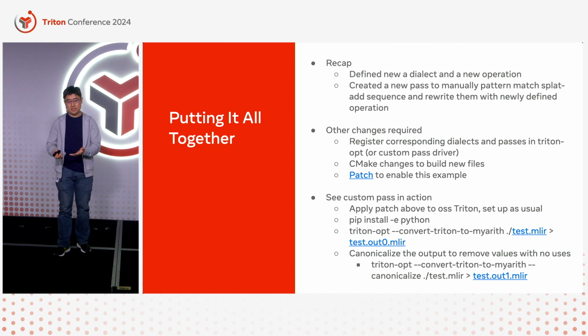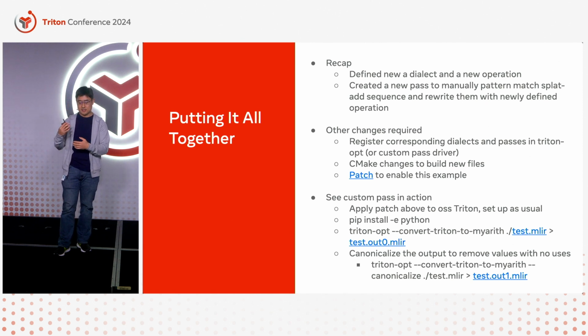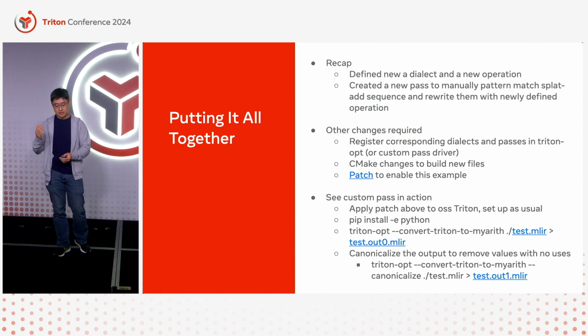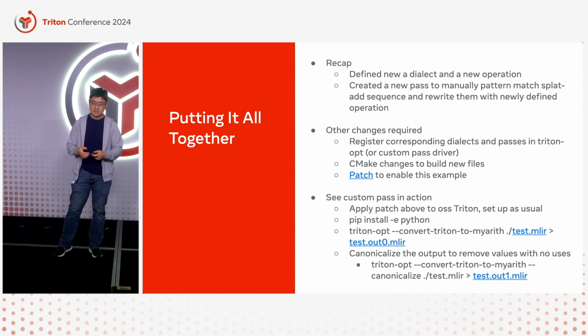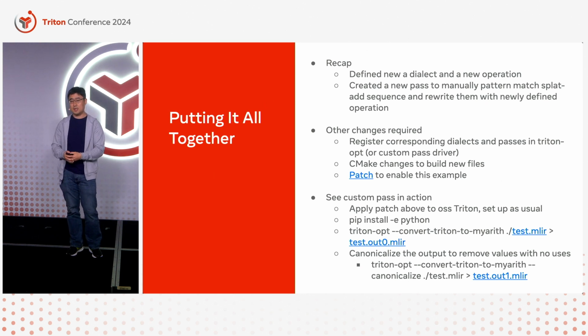What you will see in the output file is the new operation that we have created, inserted right in the middle. It will take the scalar argument and the vector that we loaded from memory, perform the add tensor scalar operation, and produce the result. What you'll also see in the output is that the result actually propagates to the tt.store, which is indeed what we intended, so that we can write the result back into memory.